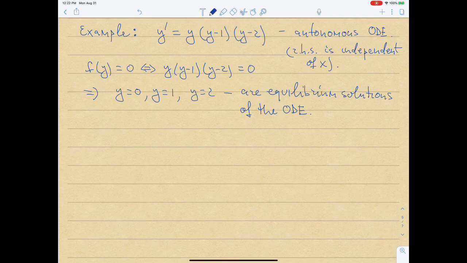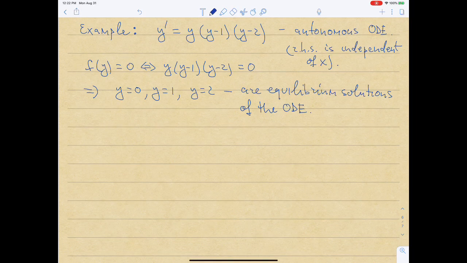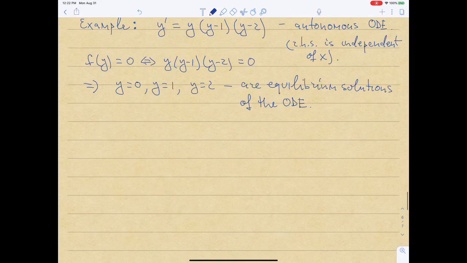Okay, fine. So then to construct a picture, the entire picture of how possible solutions of this equation will look like, I would need to draw a phase diagram. So phase diagram in this case will look as follows. So this is my y-axis.